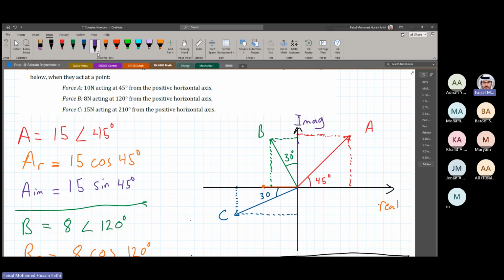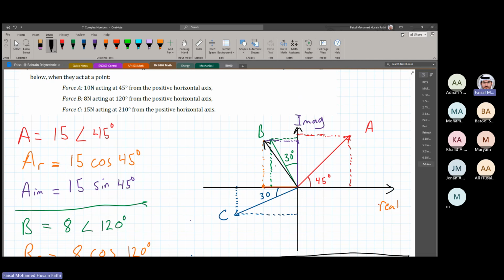And your final resultant force, the final resultant force is going to be the intersection between this and this. So it's going to look something like this. This is your final resultant force.